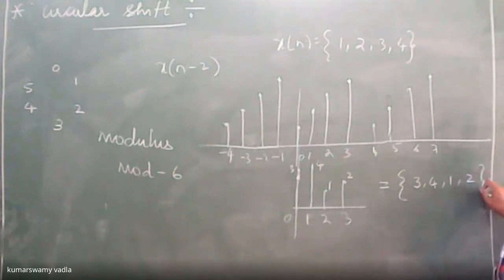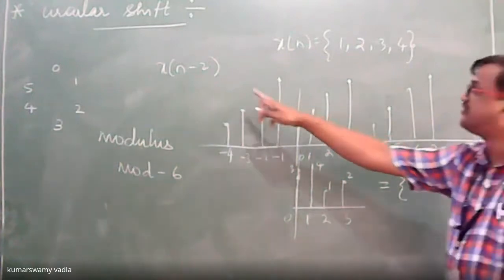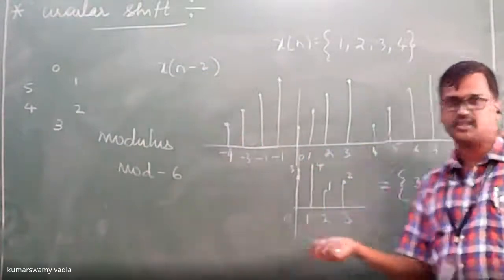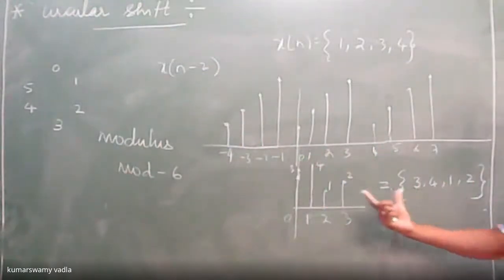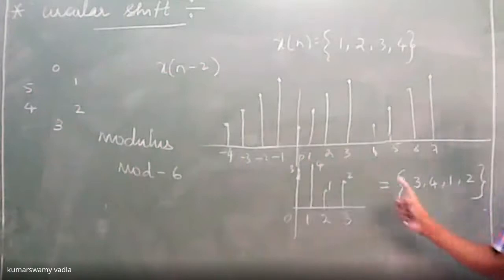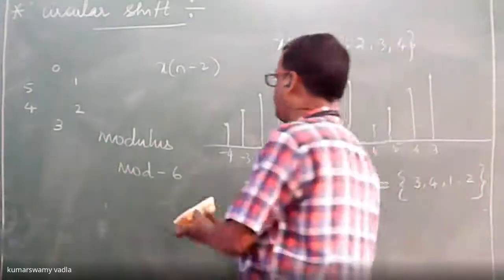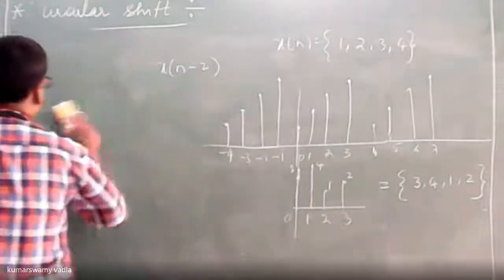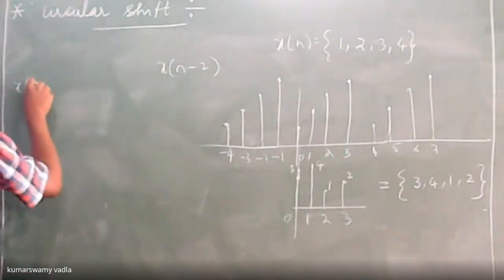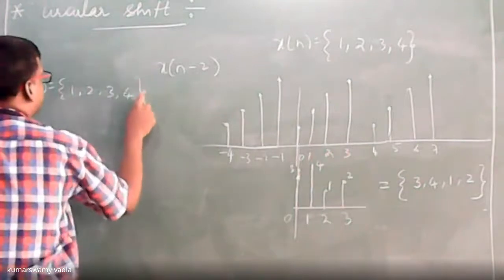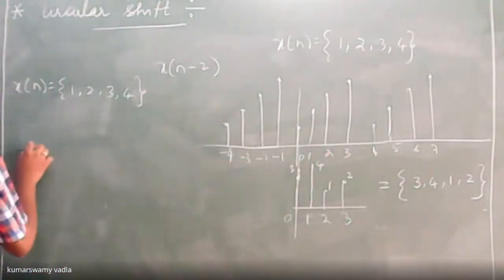This is the signal if I shift it twice circularly: across 0, 1, 2, 3 it is 3, 4, 1, 2. Now, when I gave this signal, I had the signal x of n equals 1, 2, 3, 4. When I shift it right side by 2, what did you get?